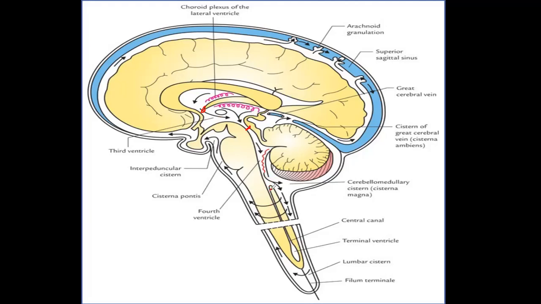Then some will enter this central canal of the spinal cord, but most of it will enter the cerebellomedullary cistern via the foramen of Magendie, then via the two lateral apertures to the pontine cistern or the cisterna pontis, then flow superiorly over the tentorial notch, the inferior surface of the cerebrum, then over the superolateral surfaces to be drained into the superior sagittal sinus via the arachnoid granulations or villi.